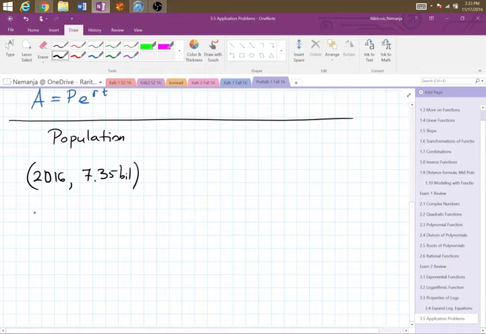I can't see that far. So 1980, 4.43 billion. What's that? This total growth? 10-year growth rate, so it shows the percentage by which it grew.